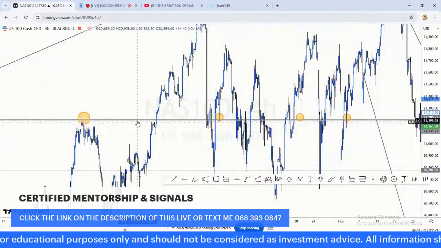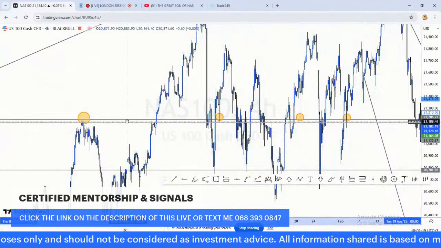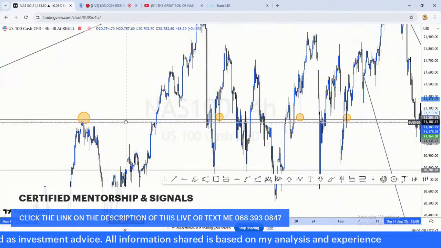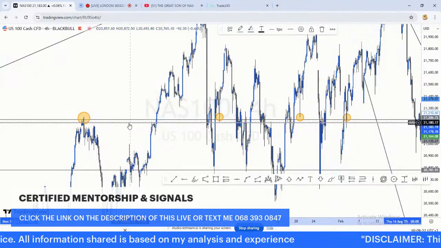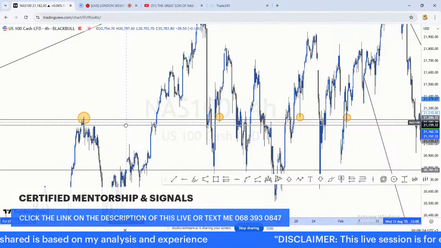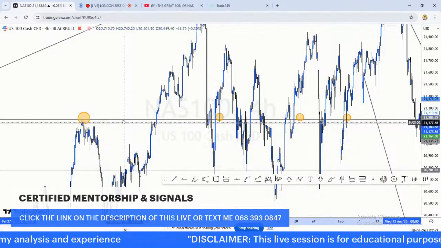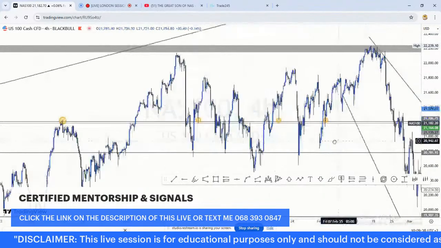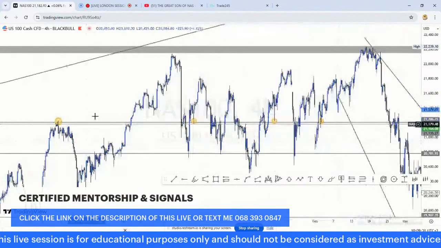Let me adjust the zoom here, because the zone has to be valid. Let's check where it actually reversed the most, on the one day time frame.